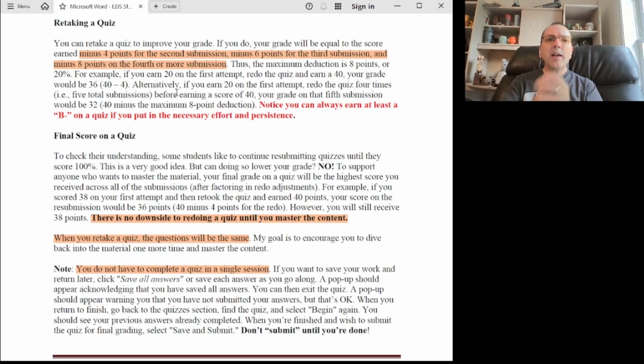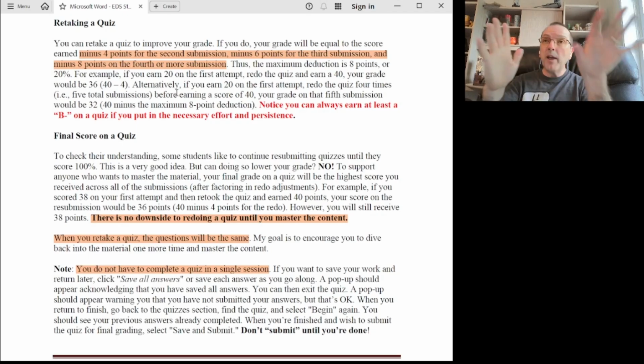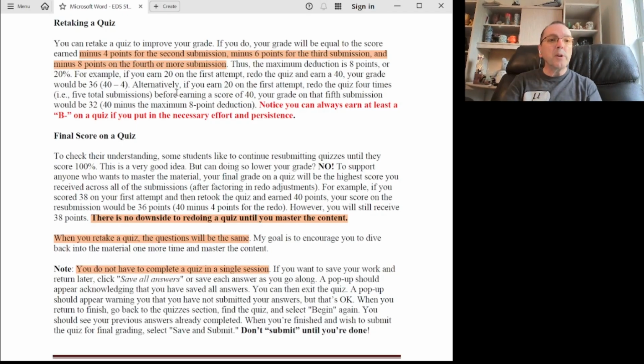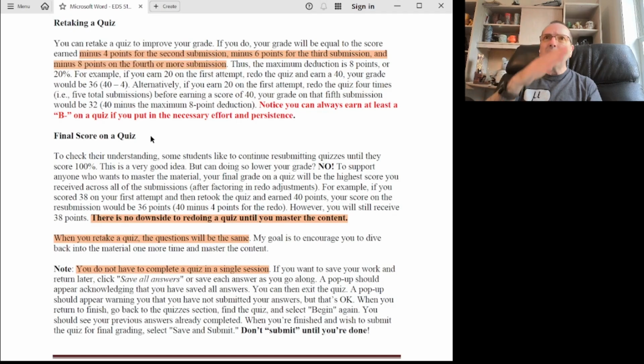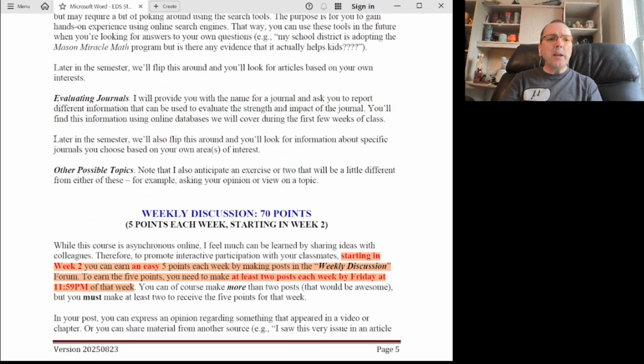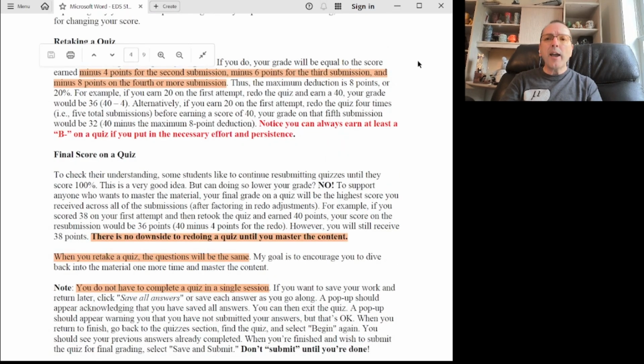I give you plenty of time between covering the material and the quizzes so that you can do these redos. It always kind of kills me when I see students doing it on the evening of the due date, and they just don't have the time to do the redos. Ouch.